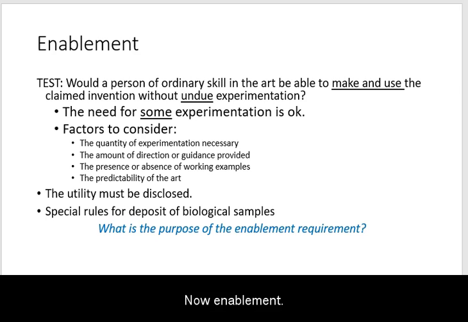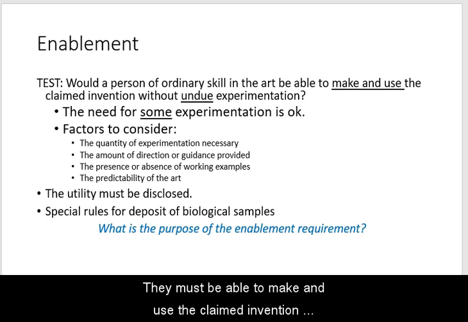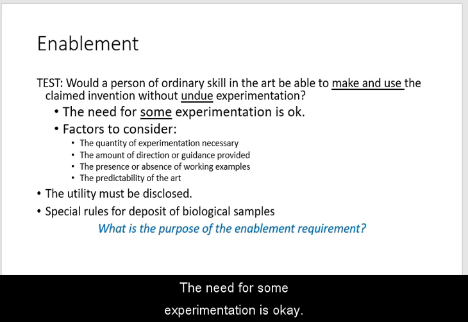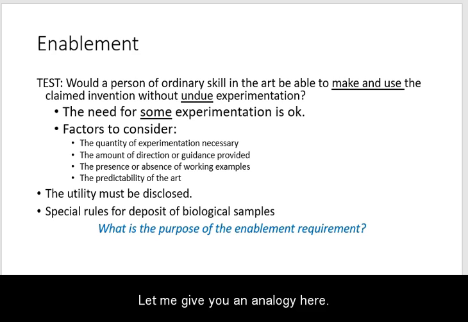Now, enablement. Again, your person of ordinary skill in the art, they must be able to make and use the claimed invention, already discussed that, but without undue experimentation. The need for some experimentation is okay. Let me give you an analogy here.